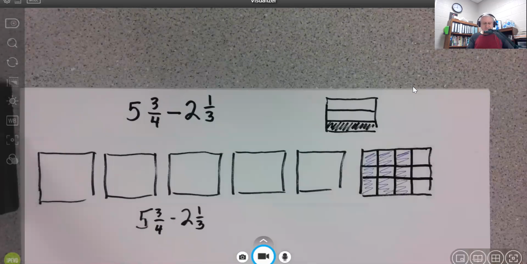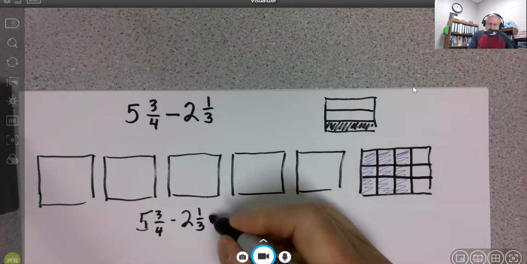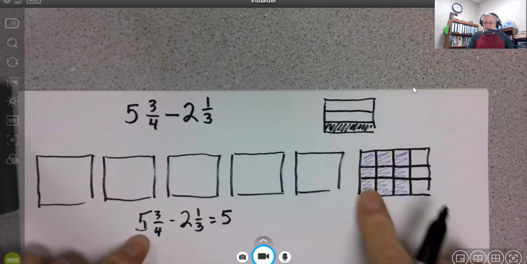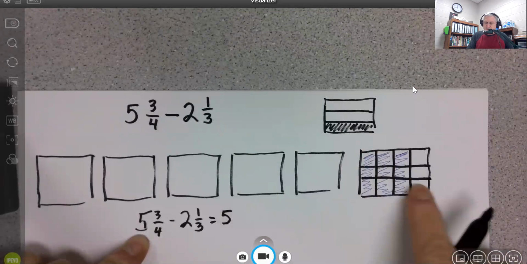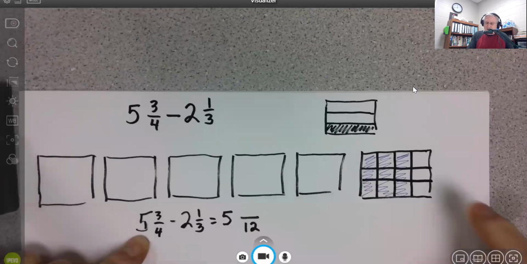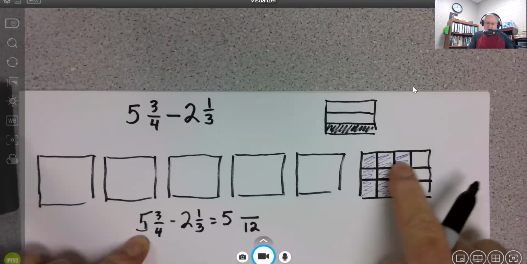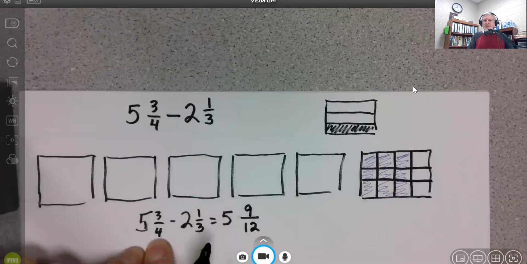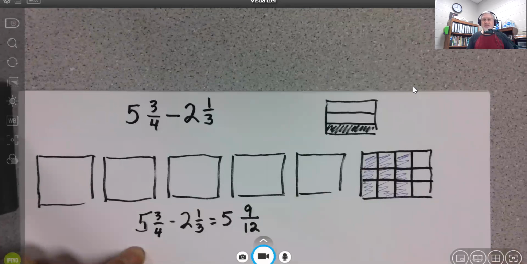Now I still have 5 wholes, but my fraction is broken up into 1, 2, 3, 4 in 3 rows. So 4 times 3 is 12. So 12 parts are in my whole. And what's shaded is 3 times 3, which would be 9. So now I know that 3/4 is equivalent to 9/12.